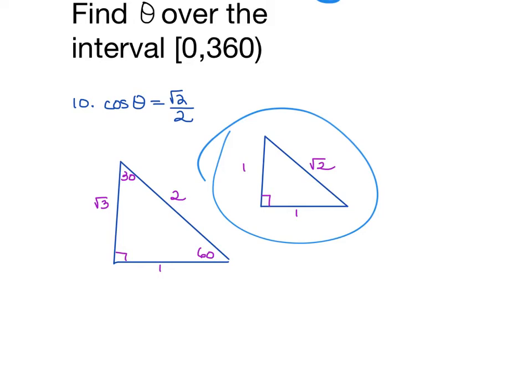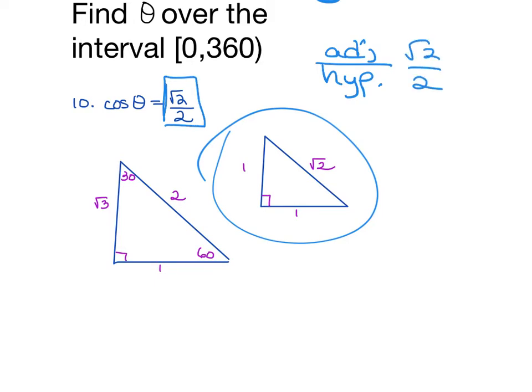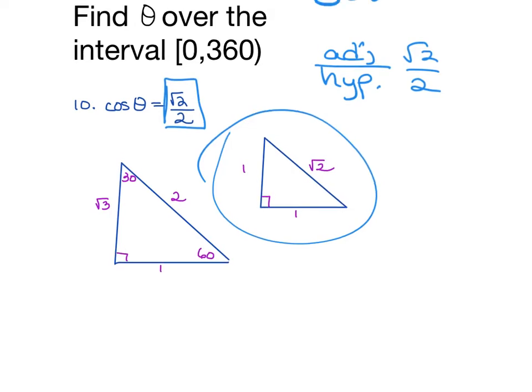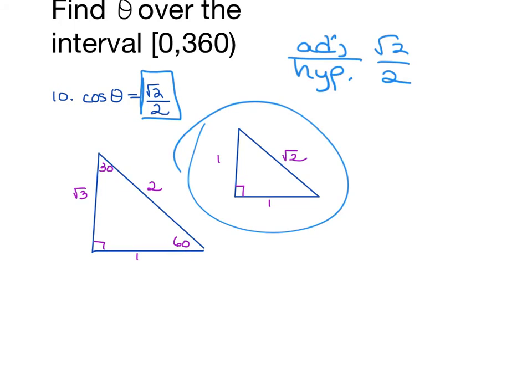However, what we're going to do is pull this fraction apart and figure out what these numbers are. So cosine, recall, is adjacent over hypotenuse. So if I've got root 2 over 2, obviously this has been a rationalized answer. So what I'm going to do here is figure out what adjacent and hypotenuse should have been. So here is my 45.